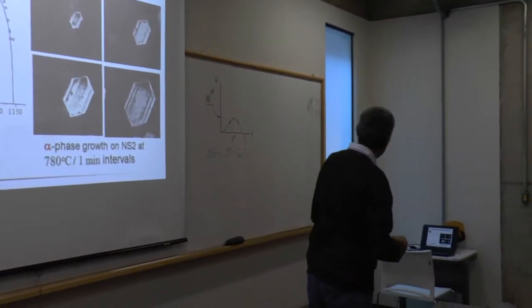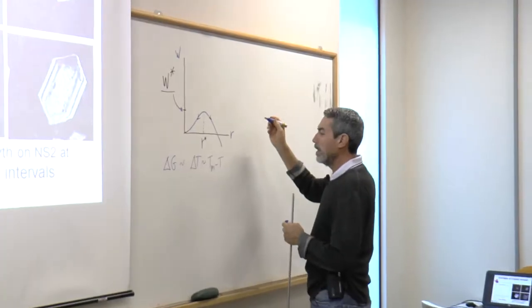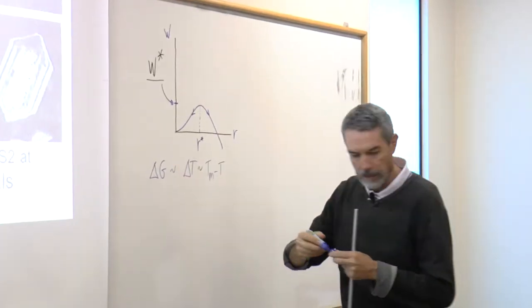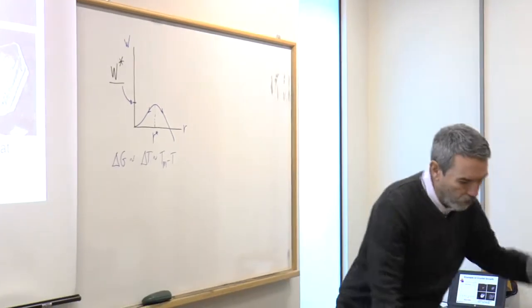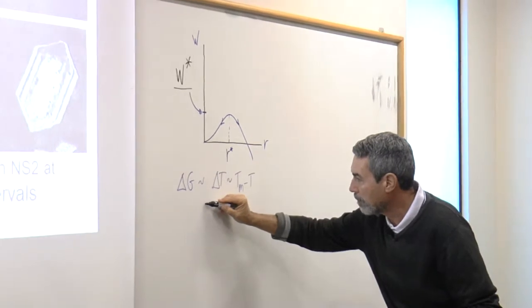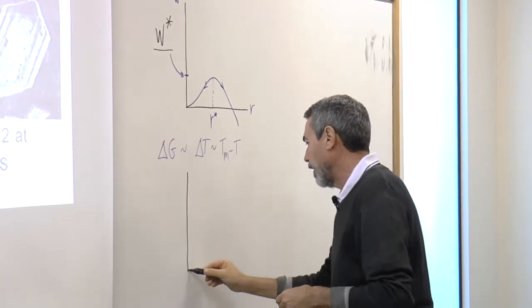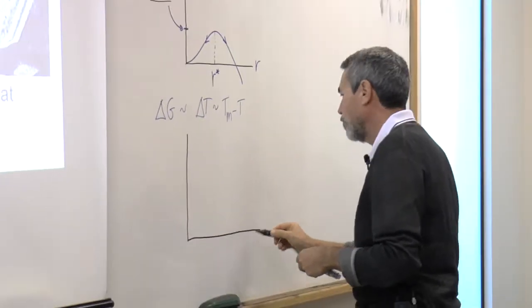So if you want to see a macroscopic view of nucleation and growth, what we normally have is a wide variation of these two rates.